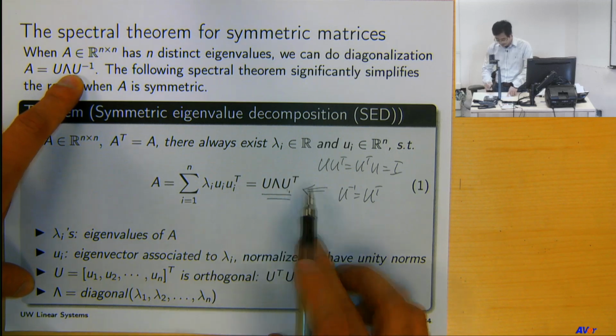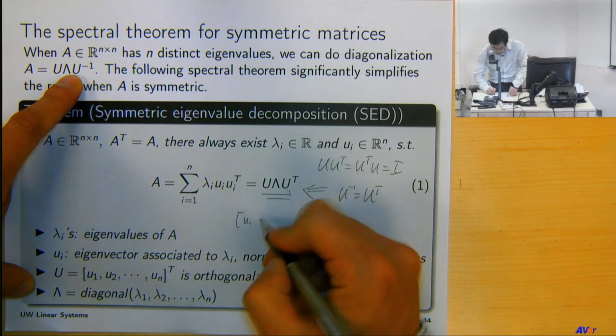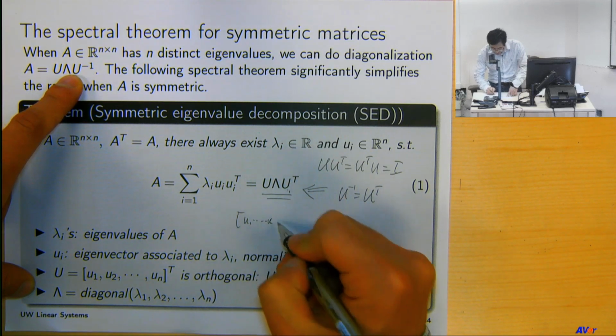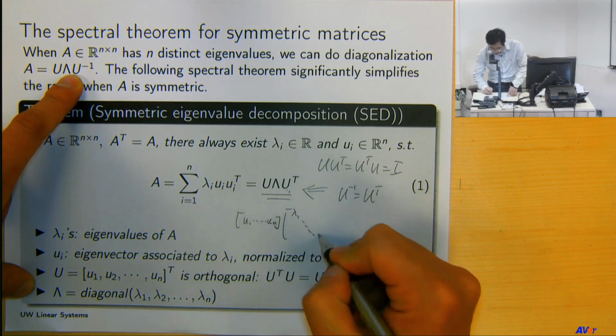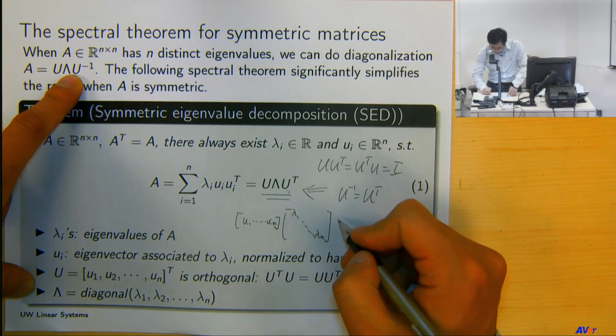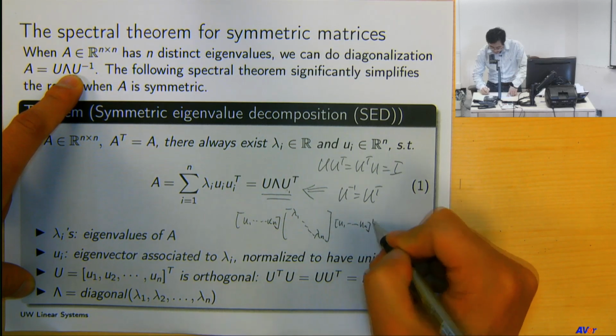So what this means, if you take a look at it more carefully, let's say the eigenvectors are u1 to un, and then the diagonal elements are lambda 1 to lambda n, and then u1 to un transpose.